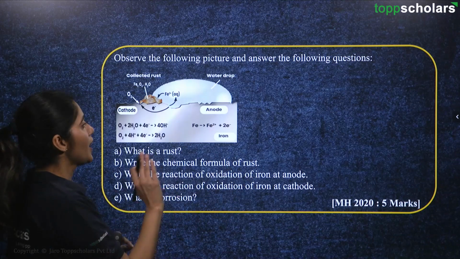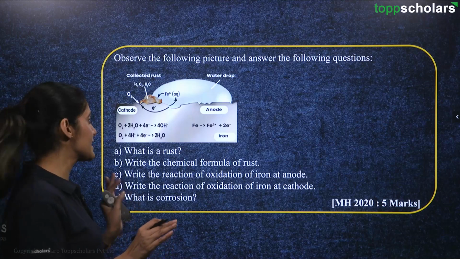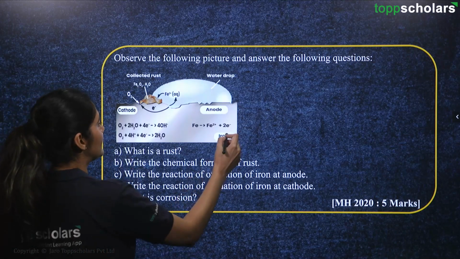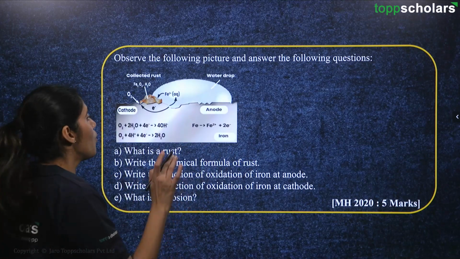So, now if you have observed the picture, almost the entire information is given in the picture as well, right? So, we know that this is an iron surface, and on the iron surface, what is happening?